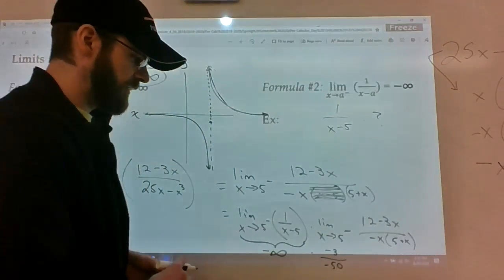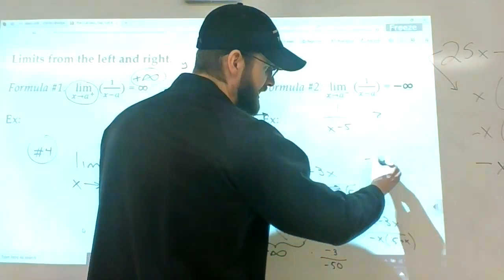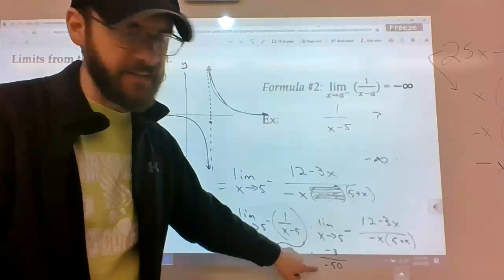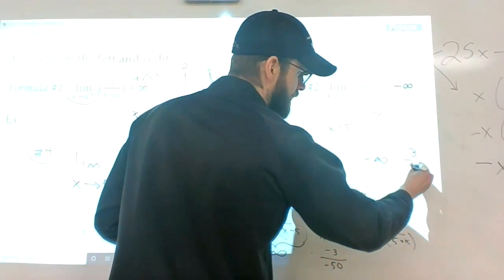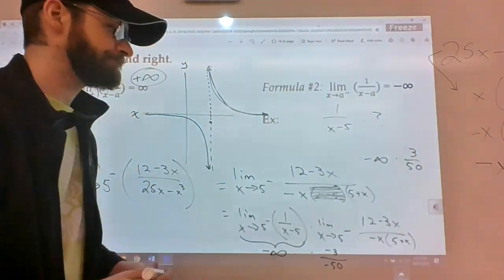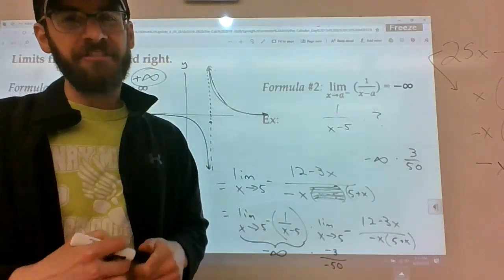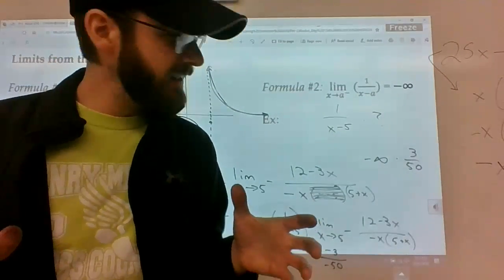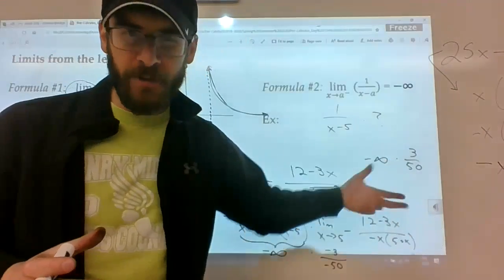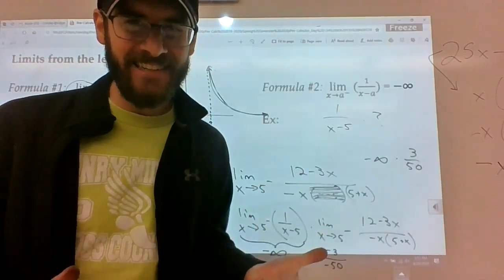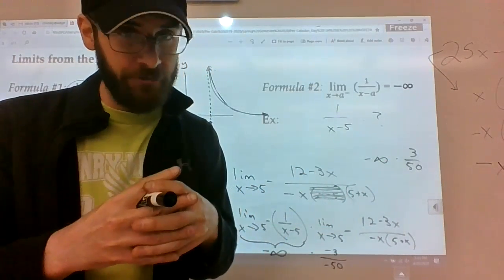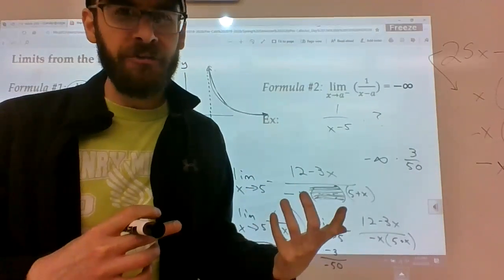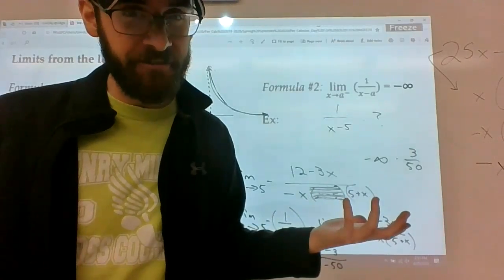So then, what's negative infinity times, negative divided by negative is technically a positive here. Look, infinity is so strong that it doesn't matter whatever you multiply by. That infinity is being multiplied by some measly constant. That infinity is going to win every time. Okay? So negative infinity times 3 over 50. That's still going to be negative infinity.